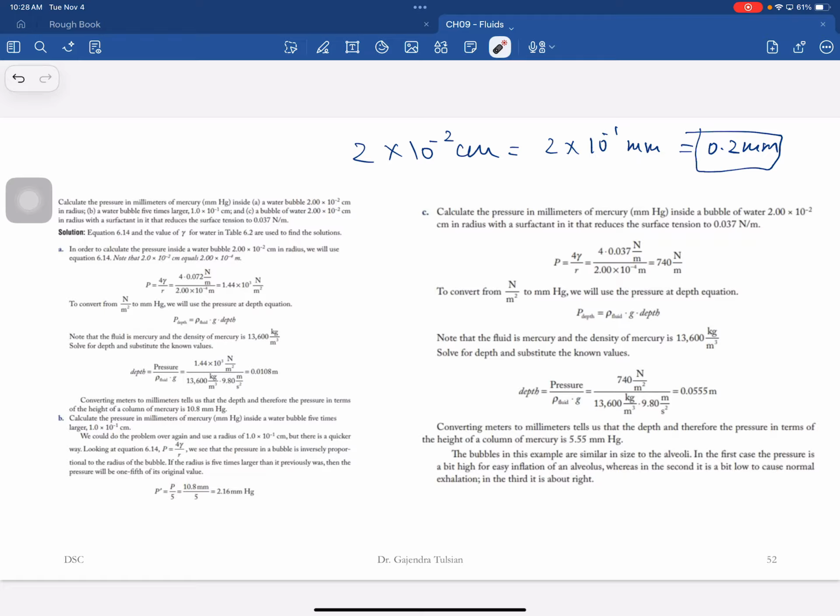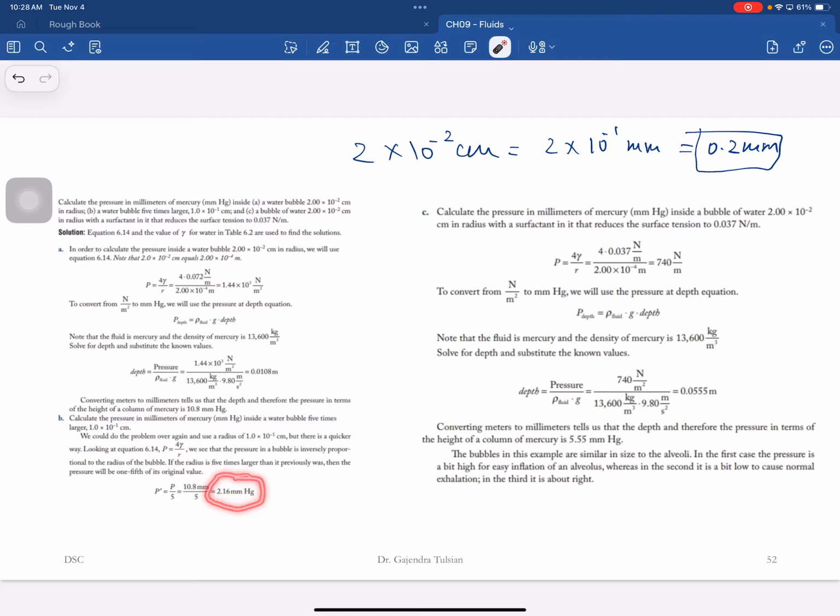So the radius is that, and this is the surface tension, and this is converted to millimeters of mercury. So for A, it is 11 millimeters of mercury. A water bubble 5 times larger: the larger the bubble, the smaller the pressure inside.